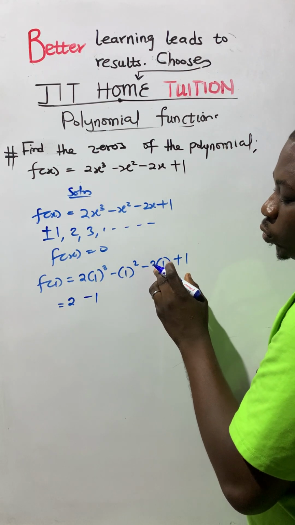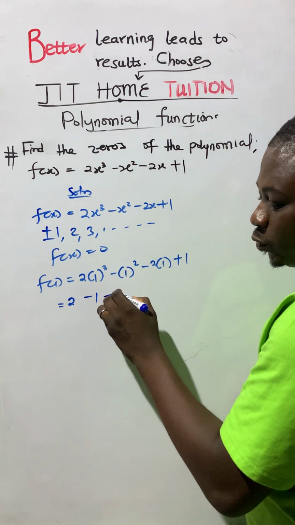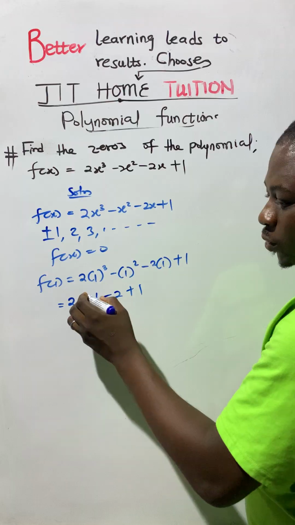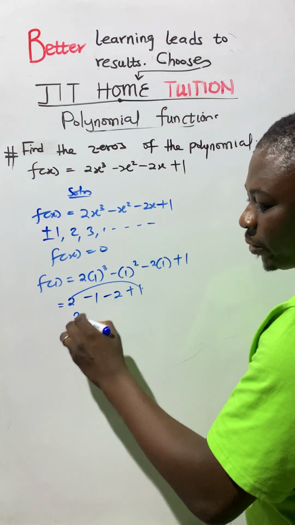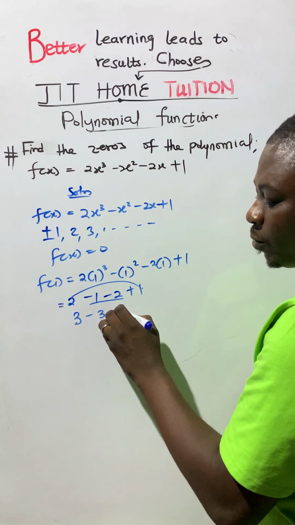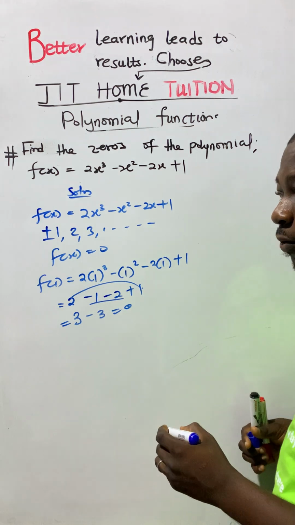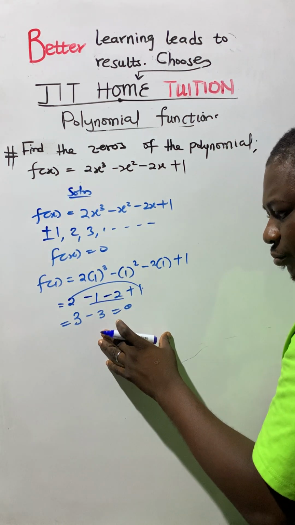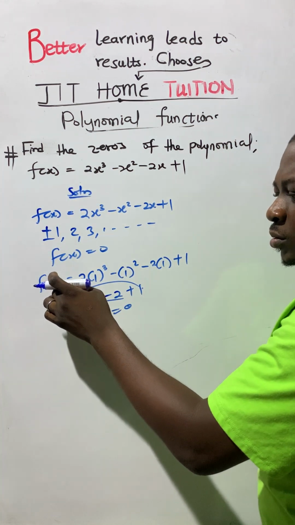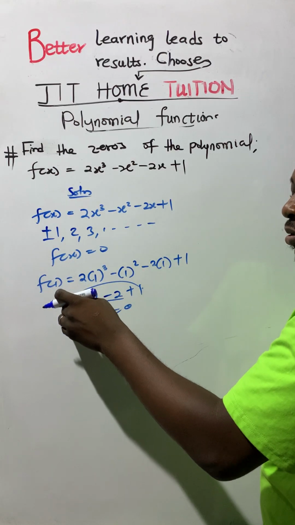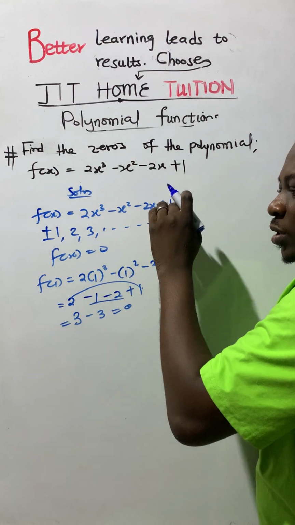Then 2 times 1 gives minus 2, and you have the plus 1. Putting these together, the positives give 3 and the negatives give minus 3, and when you deduct, you have 0. Meaning that the 1 we put in made the function equal to 0.